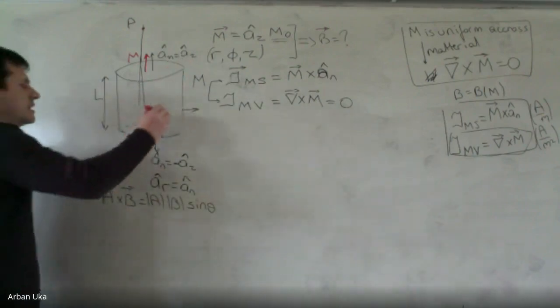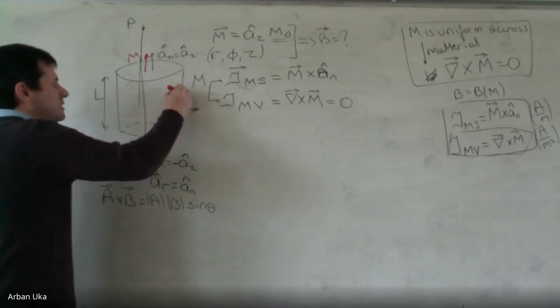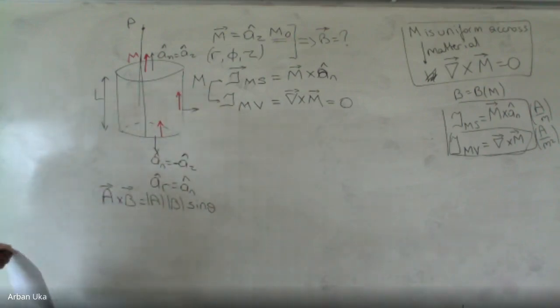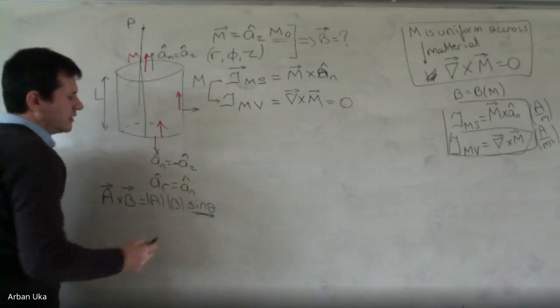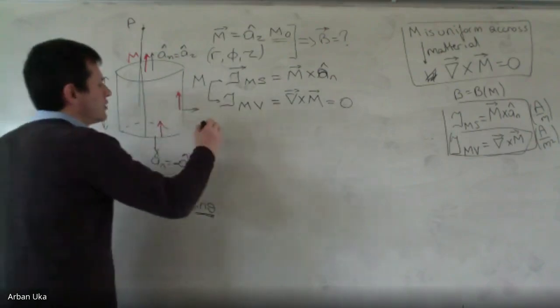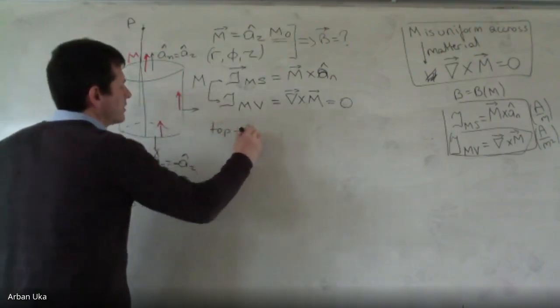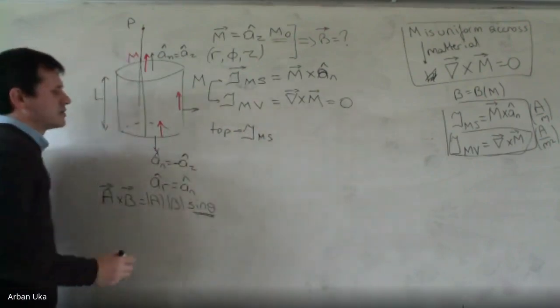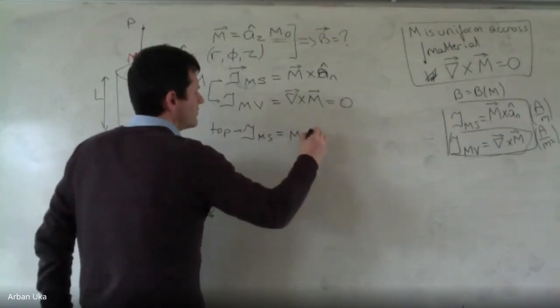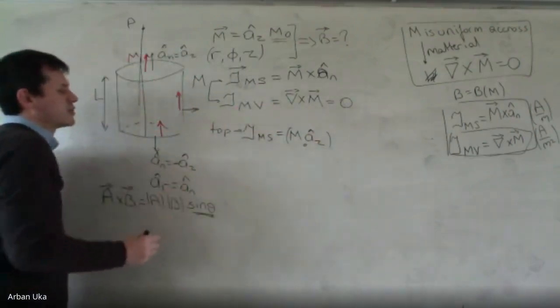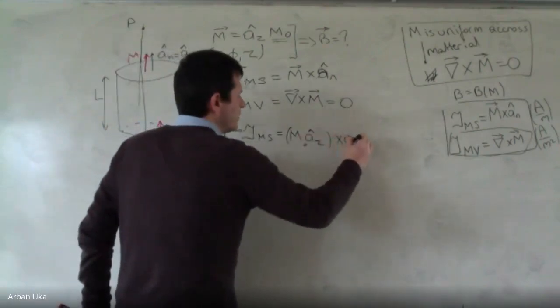And on the side, the magnetization is this. When we look at this expression, on the top the angle between M and a_n is 0. Since sine 0 is equal to 0, at the top the surface current density due to the magnetization will be M0 a_z cross product with a_z.